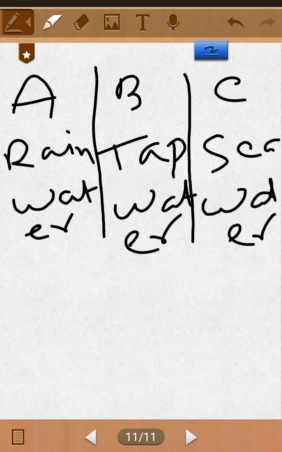These are different types of water taken from different sources.